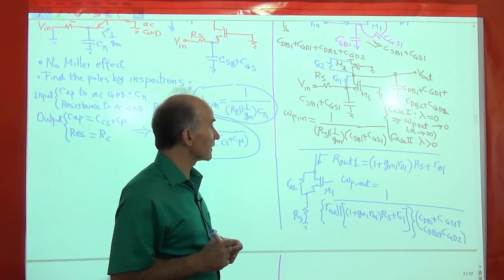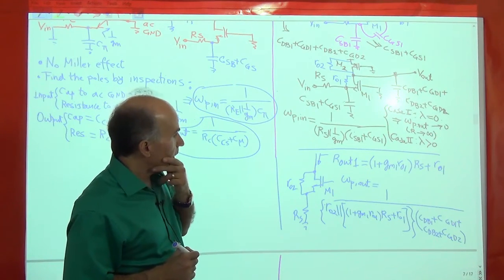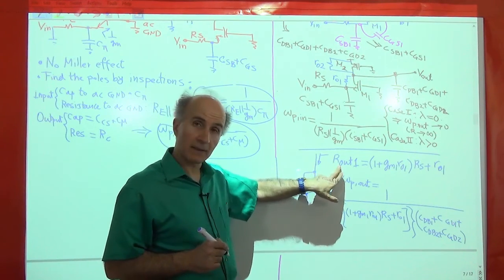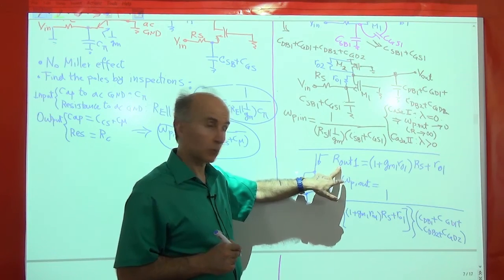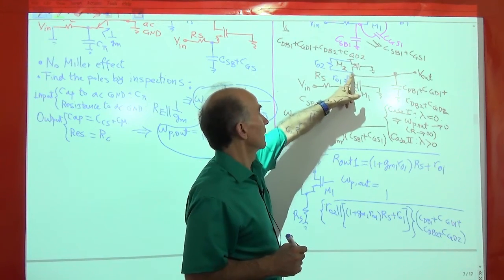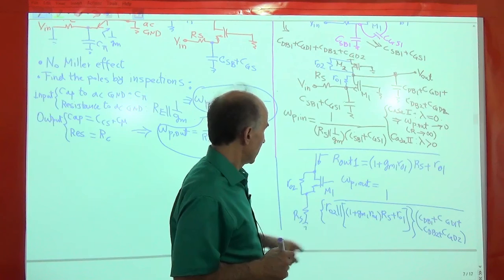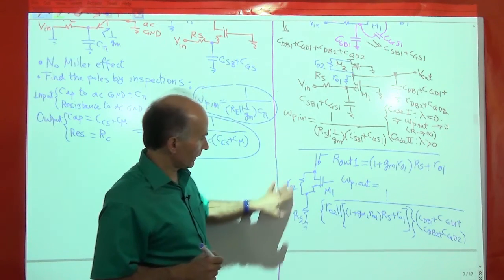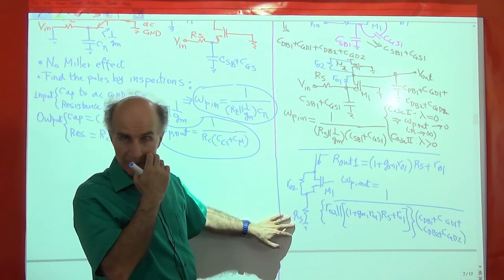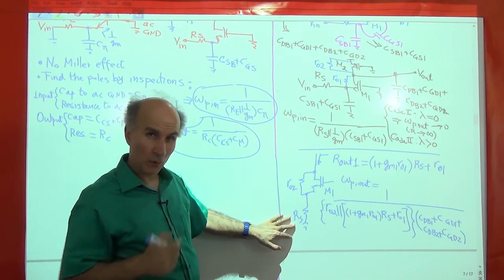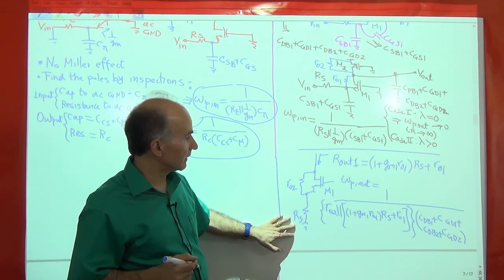All right, so there's one little note that I would like to make sure is clear, and that is this. When I'm calculating this output resistance, Rout1, looking down here, I drew the circuit like this, and I found the resistance, right? But in reality, it's not like this.